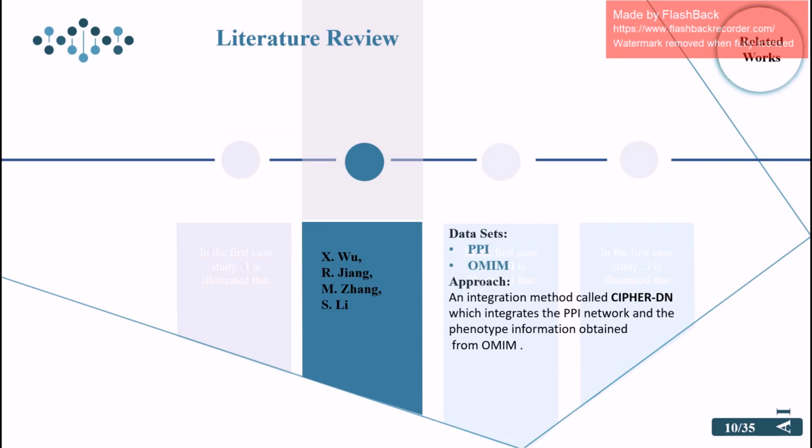And in the end, based on the closeness of genes to phenotypes and the closeness of phenotypes to query phenotype, it will produce a degree for each candidate disease gene, and with that, it will prioritize candidate disease genes.